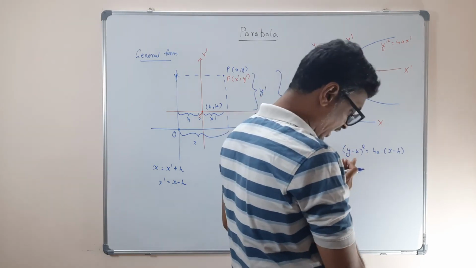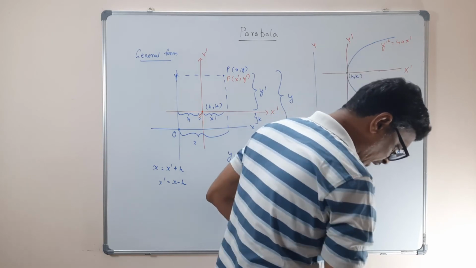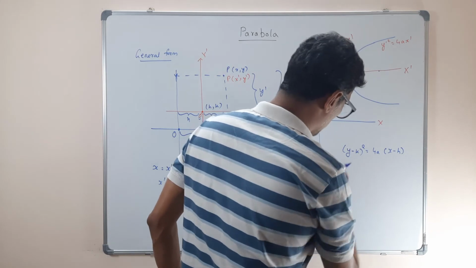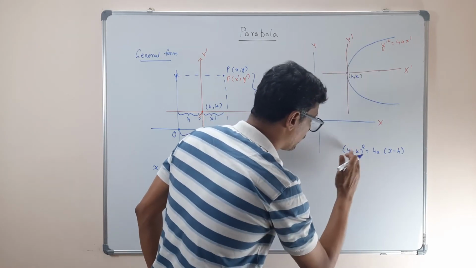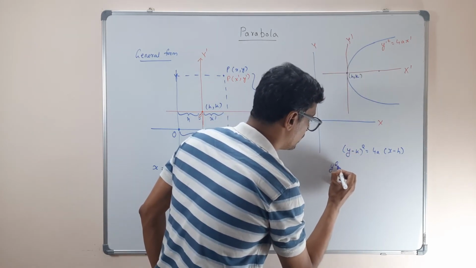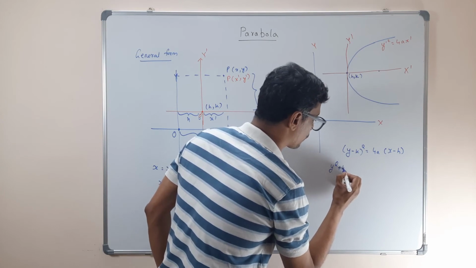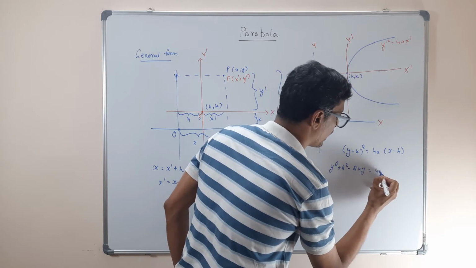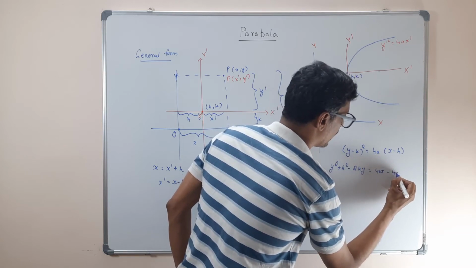In fact, let us open this. When you open it, what happens? y square plus k square minus 2ky equals 4ax minus 4ah.